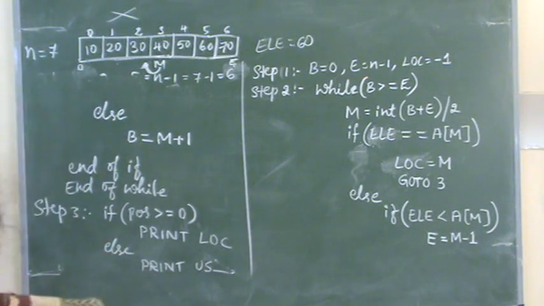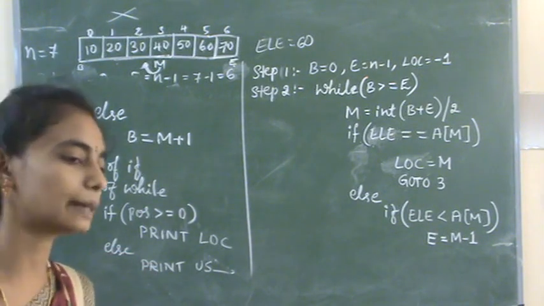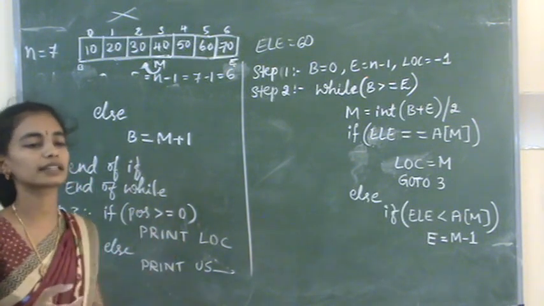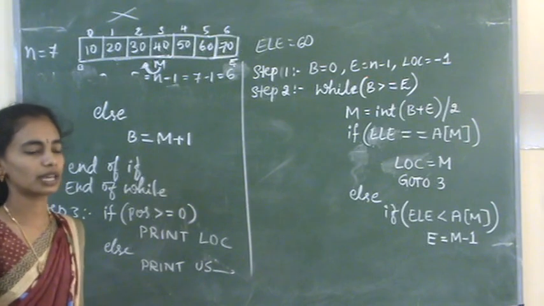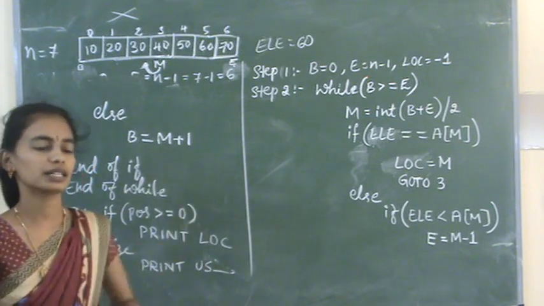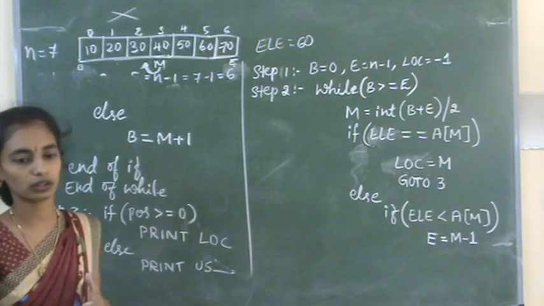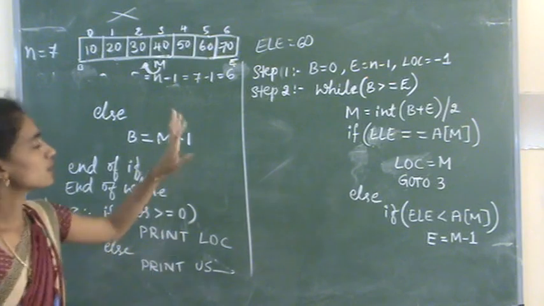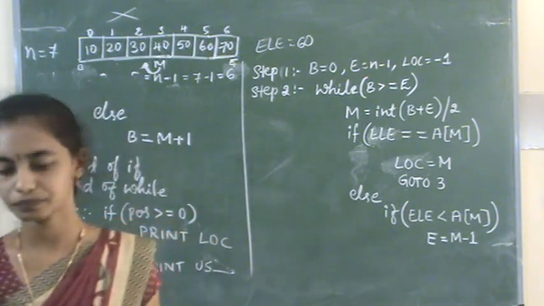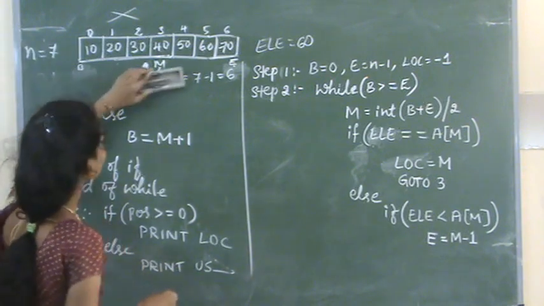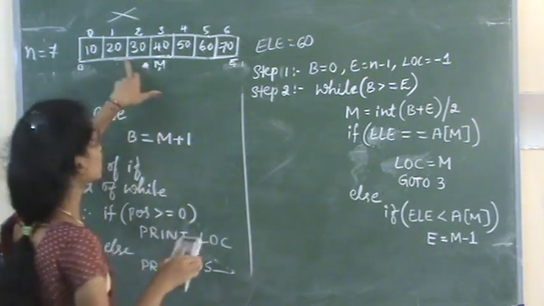So very important, either they may ask the binary search algorithm or to apply this algorithm for an array. Okay, so how to perform the binary search on the array, sorted array. So this is the algorithm, very simple. So let us consider an array. This array should be sorted, right?